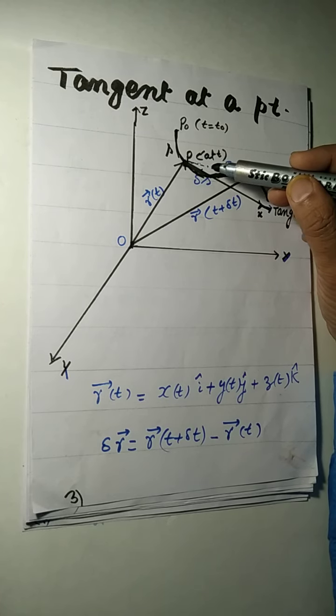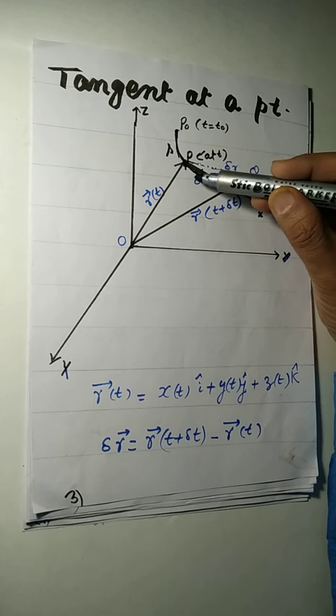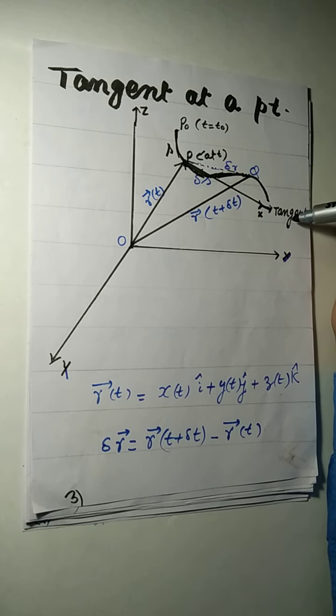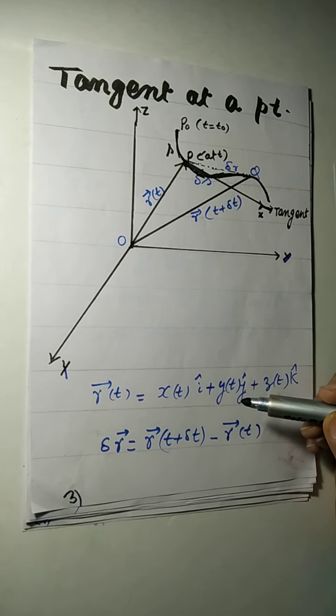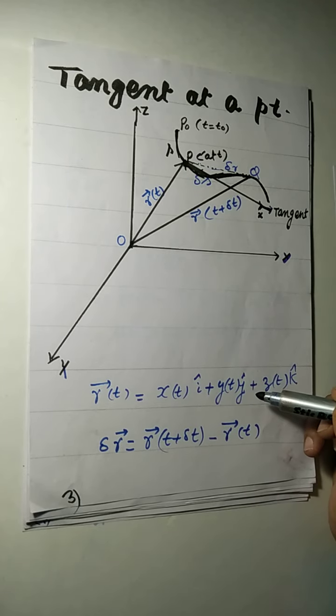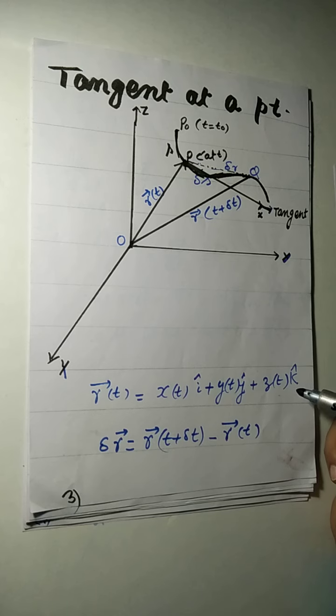At point P we have a tangent, and on the tangent, let us take a point X. Let r(t), the position vector of P, be x(t) i cap plus y(t) j cap plus z(t) k cap.